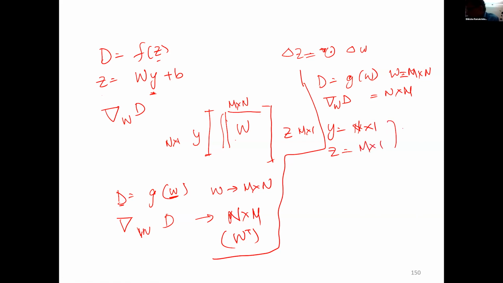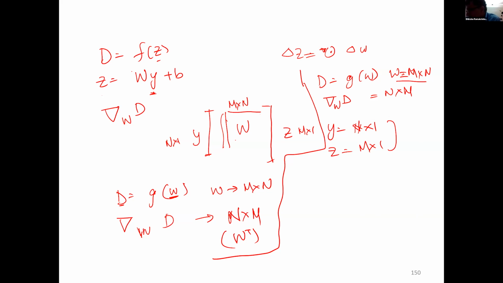We need these sizes for the size of w to fit. Everybody with me? Are these sizes fitting?